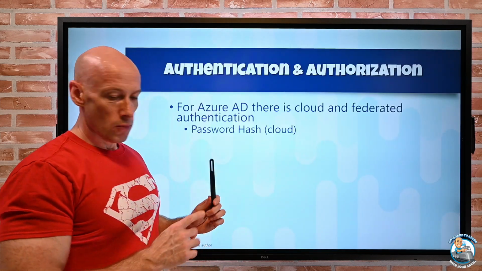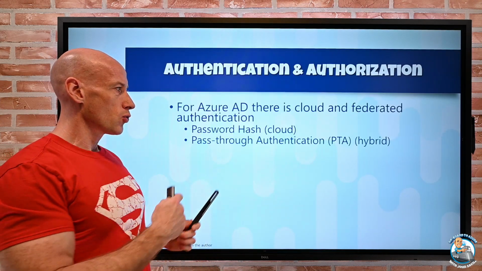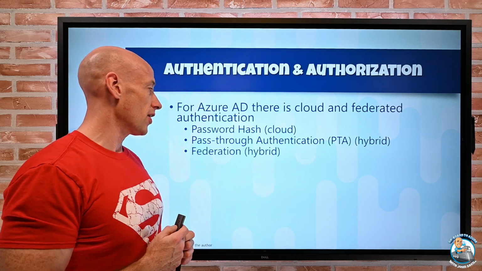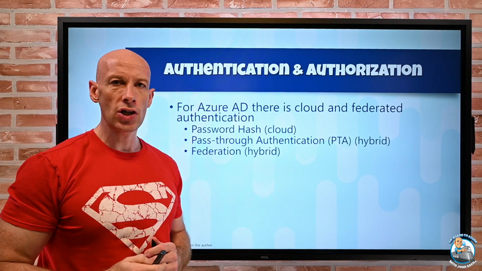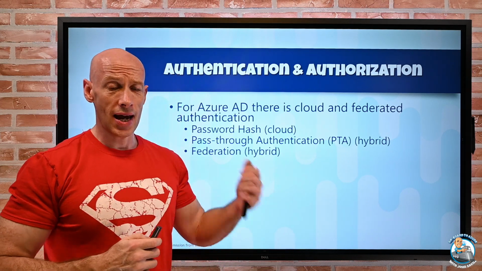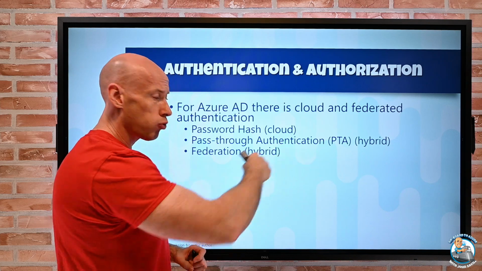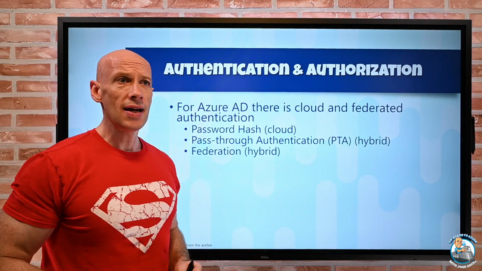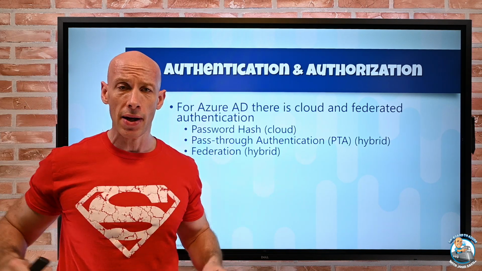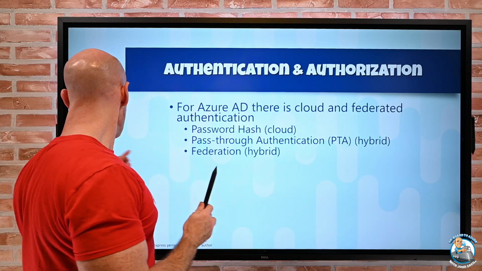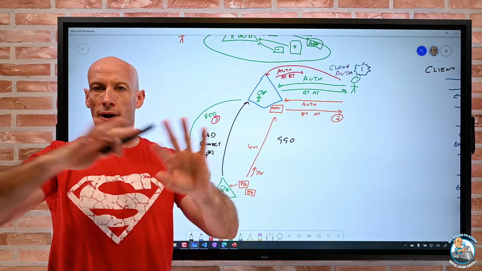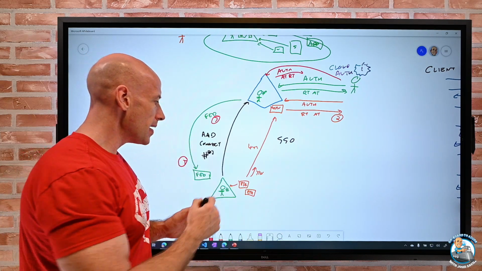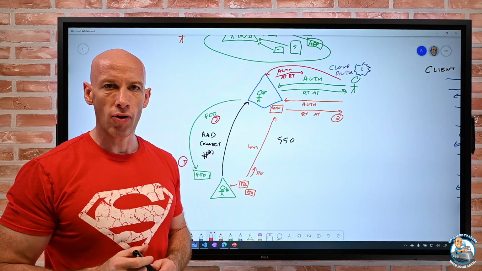Okay, so we can have the password hash, we can have pass-through authentication, and we can have federation. Even if I'm doing PTA or federation, still send the hash of the hash. Because if one of these things broke, let's say I have a denial of service, some WannaCry that takes out my on-prem infrastructure, do you really want your globally available Azure AD dependent on something you have running on-prem?